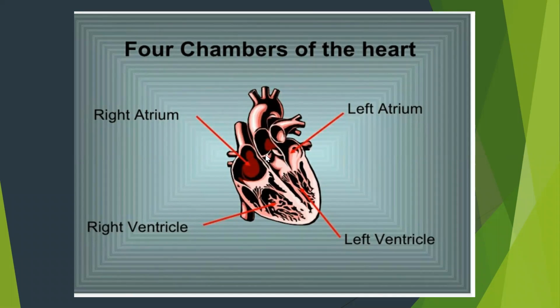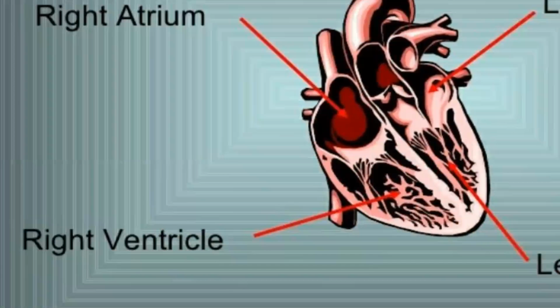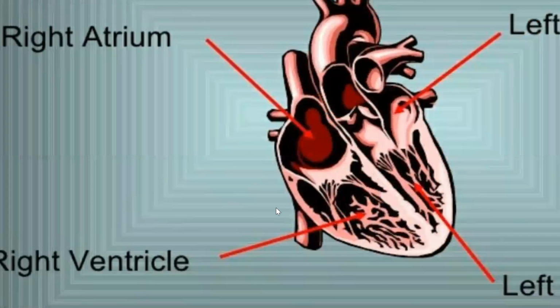Like I said, here we have the right ventricle, down here. So what happened in this right ventricle? The right ventricle contains deoxygenated blood, but that deoxygenated blood is given by the right atrium. And what happened in the right atrium?